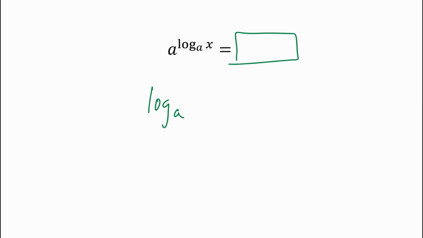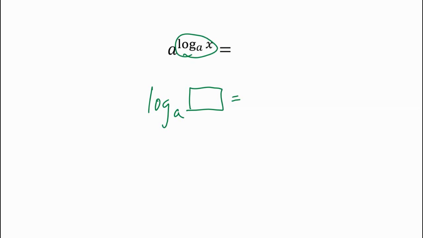That becomes my argument, equals the exponent. Because this is now a logarithm, and logarithms calculate exponents. Now my exponent happens to be a logarithm, but it could be anything. Okay? So log base a of x. This exponent went there.